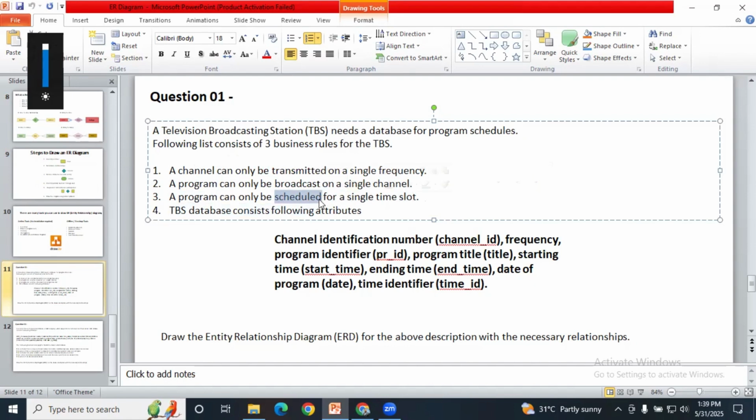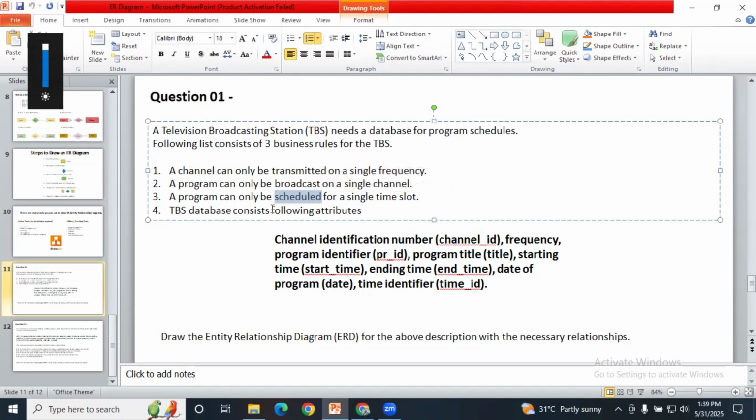Okay. So imagine you have three entities. The first one is channel, the second one is program, the third one is time slot. Channel and program are related by what? Broadcast. And program and time slot are related by what? Scheduled.